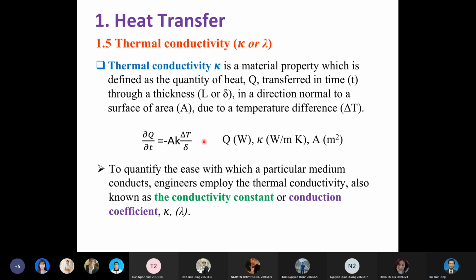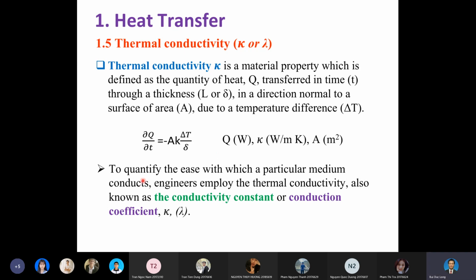Kappa has units of watts per meter Kelvin.